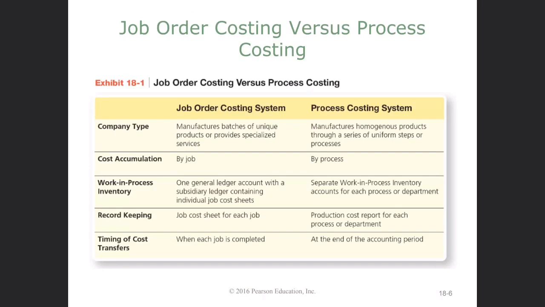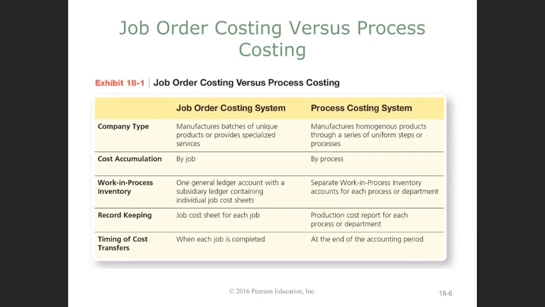And in this example, we are looking at the differences or similarities between the two. So just to help us better understand what a job order costing system is or a process costing system, the company type that normally uses a job order costing system is a manufacturer that manufactures unique products or provides specialized services, and they accumulate their costs based on the job.